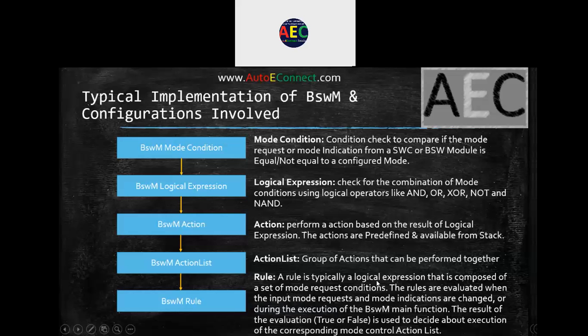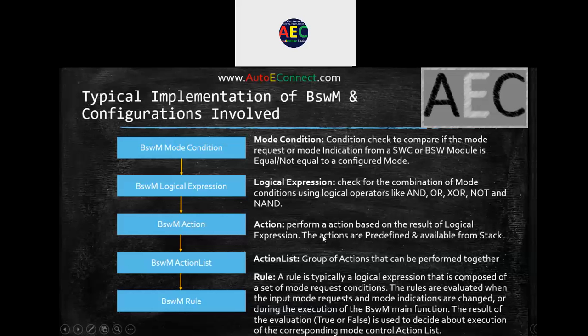The logical expression we have talked about, containing the different set of mode request conditions, will be evaluated when an input mode request comes in, or a mode indication changes from a BSW module.